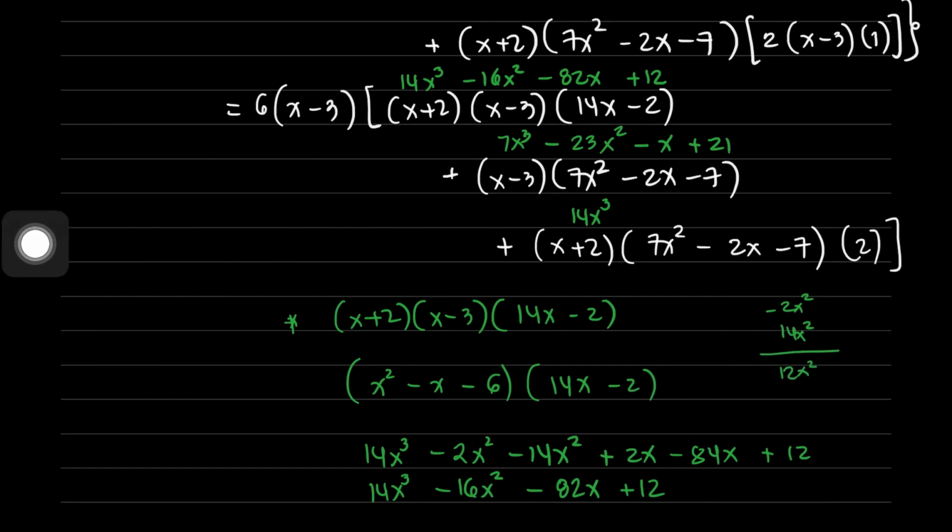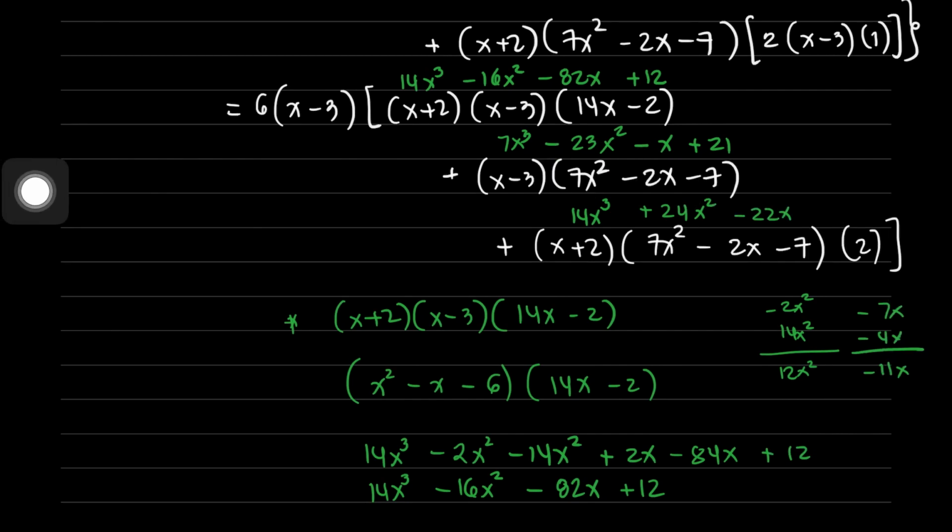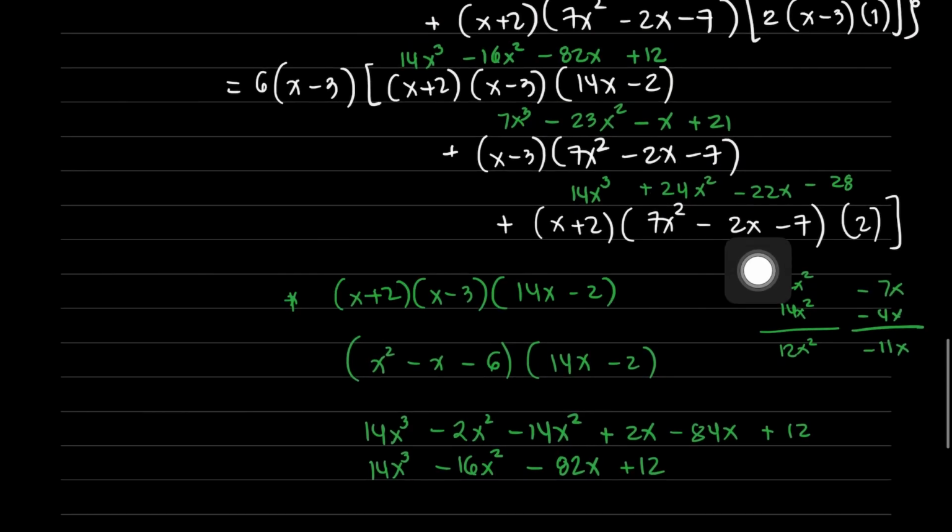Multiplied by 2, so that will give us positive 24x squared. Right? So x times negative 7, that is negative 7x. 2 times negative 2x, negative 4x. And if we're going to add this, we have negative 11x. Multiplied by 2, so that would now be negative 22x. And lastly, 2 times negative 7 is negative 14 times 2, so that will give us negative 28. Right? So we are done with the expansion.